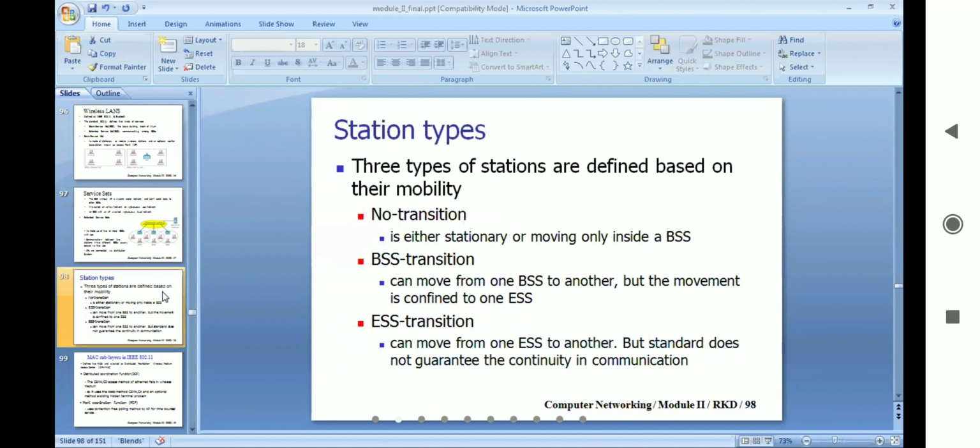From one BSS to another BSS, you can communicate, and that is called BSS transition. From one ESS to another ESS, you can communicate, and that is called ESS transition. So these are the stations defined by IEEE 802.11.